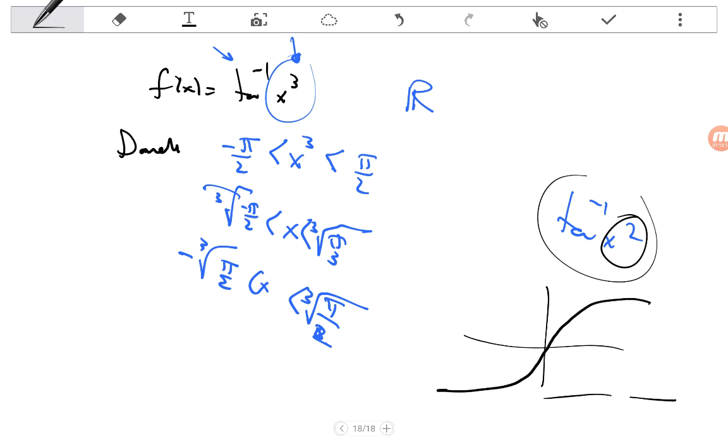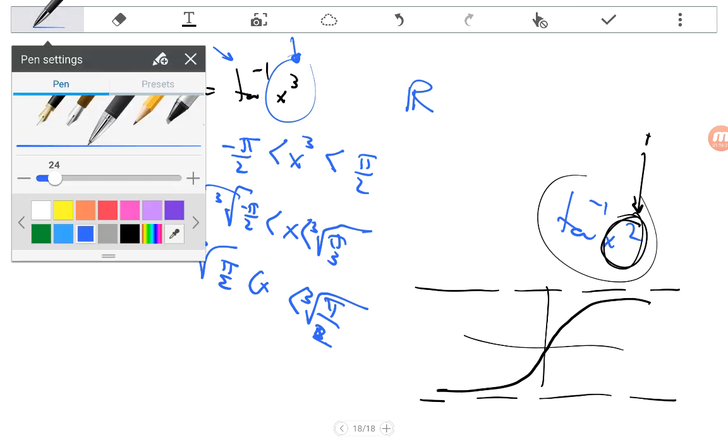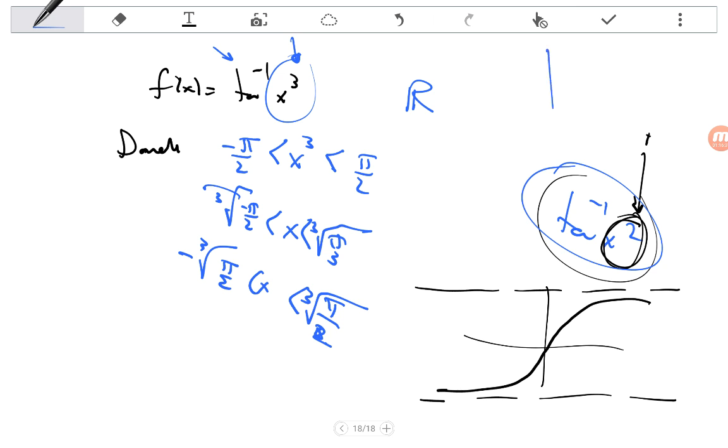If I make the input x squared, the result of x squared is always positive. So the input of the tan inverse will never be negative. So what would be the graph of this function?